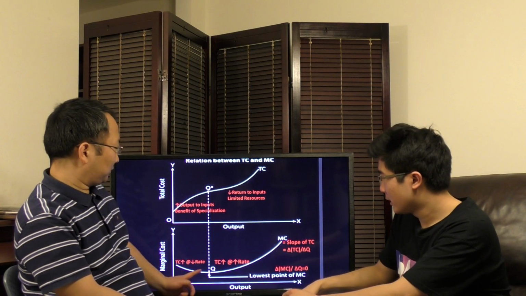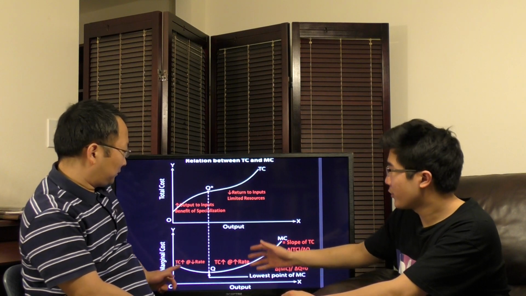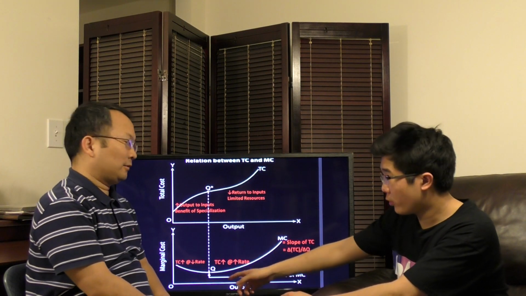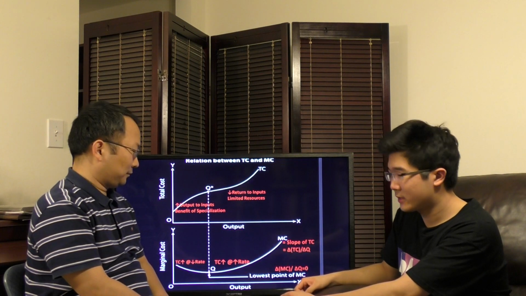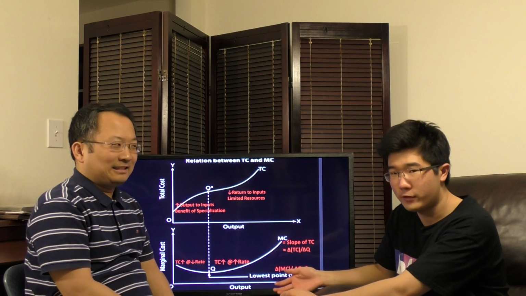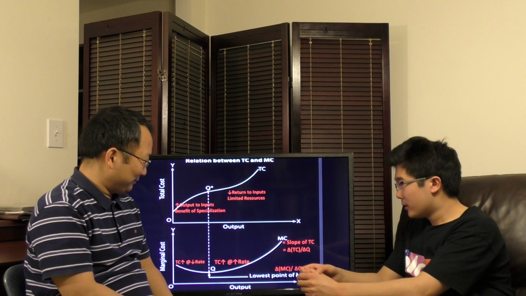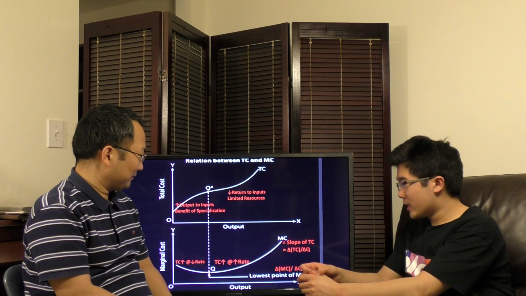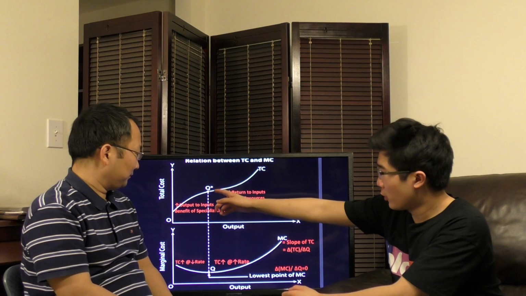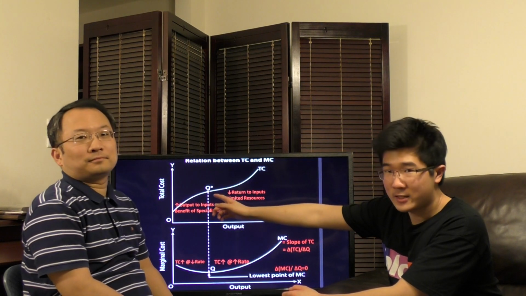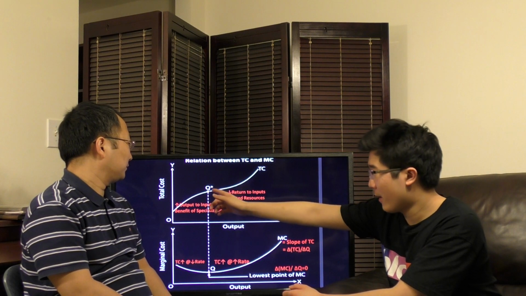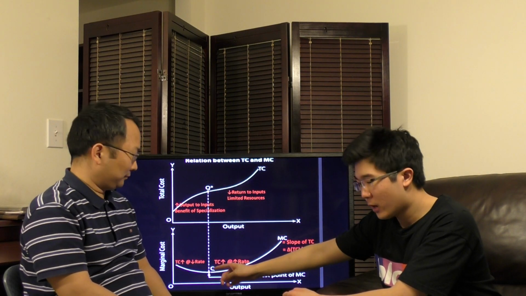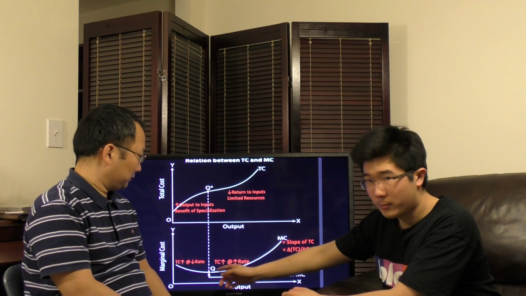Marginal cost is basically the slope of the total cost. Each point on the marginal cost curve is the slope for the corresponding point on total cost, or in calculus terms, a derivative of the total cost. So when total cost grows at its lowest rate, that corresponds with the lowest point on the marginal cost curve.